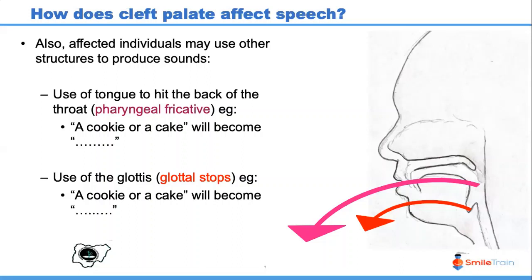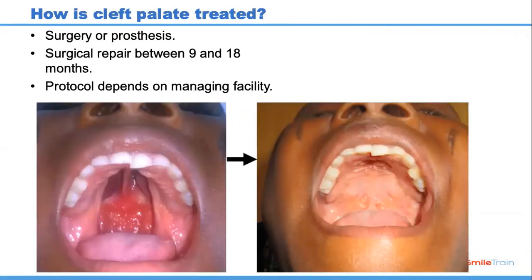That's because they're using their glottis to make the sound. So these are compensatory errors because they cannot mount enough pressure in the oral cavity to make the explosive high pressure sounds. They use other structures like their posterior pharyngeal wall and the tongue, or they use their glottis to make the sounds called glottal stops.